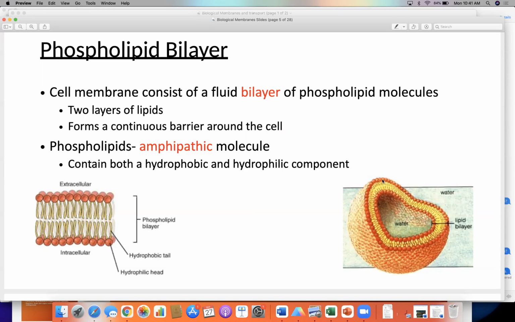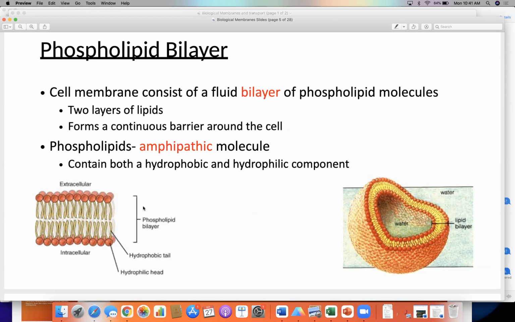If you turn your eyes over to this illustration in your right hand corner, we have a 3D illustration of what this cell membrane looks like. We have the phospholipid molecule. We've talked about it already. We've got that hydrophilic head and these hydrophobic tails. This right here is one phospholipid.